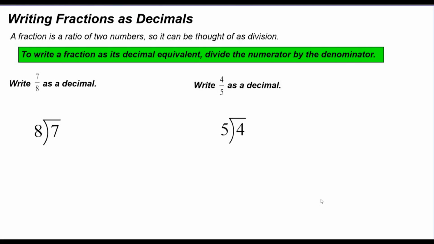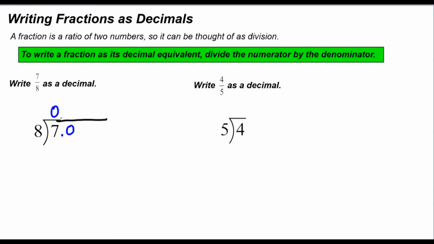So if we want to write 7/8 as its decimal value, we can think of this as 7 divided by 8, numerator divided by denominator. I'm going to extend my box here a little bit. And 8 does not go into 7. 8 goes into 7 0 times. So it's going to be less than 1 whole time that 8 goes into 7.